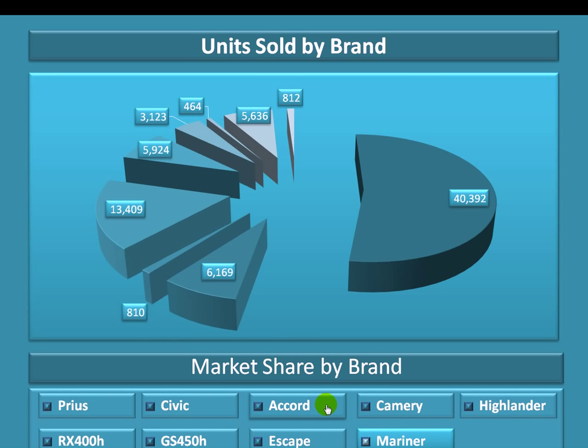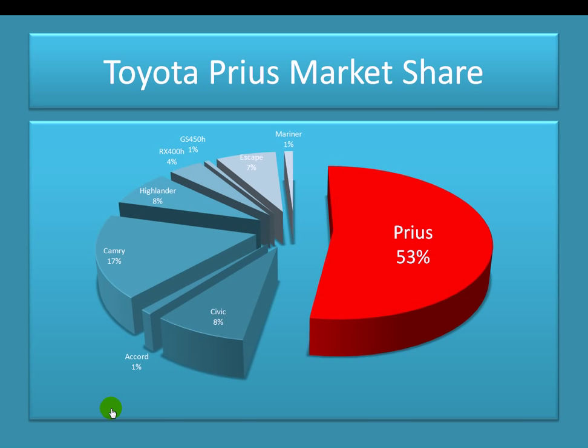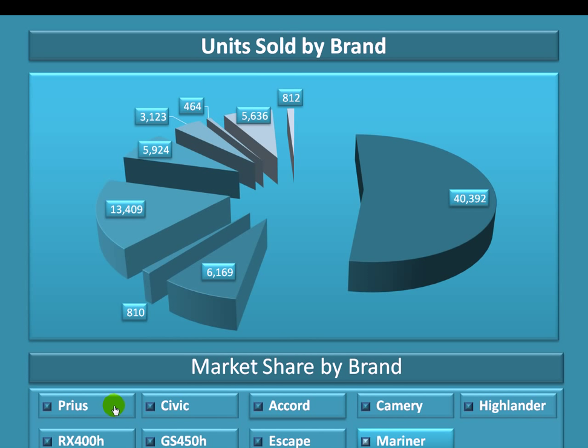One is from the button to the slide that shows the individual market share, and then when we hit that slide we have to have a way back to the slide we initiated the action from, and we simply do that with another hyperlink back to the first object.